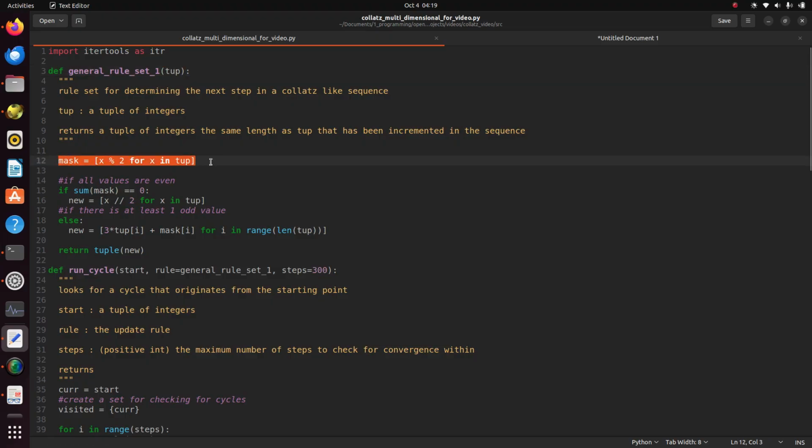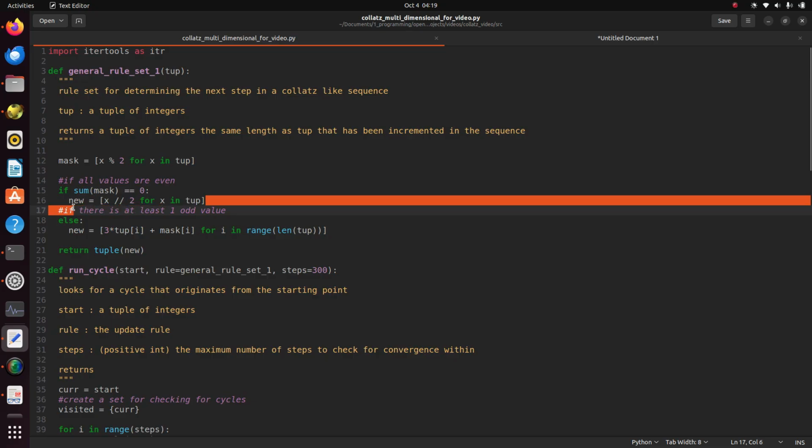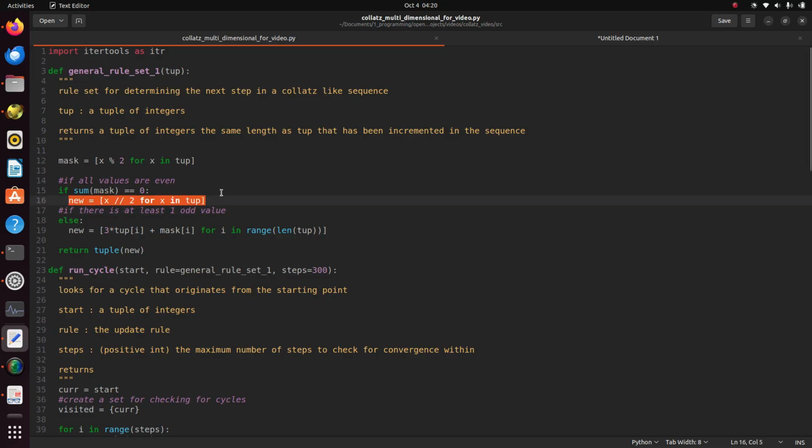We calculate the modulus of 2 for every value in the tuple, and this calculates if all values are even, and if they are all even, then they get divided by 2, and if they're odd, they get multiplied by 3, and then this mask is added back to it, which is like if a value is odd or even. So essentially, this is the update rule.